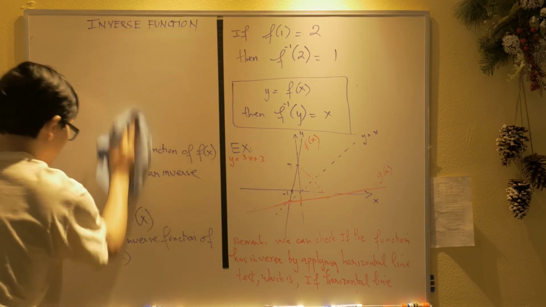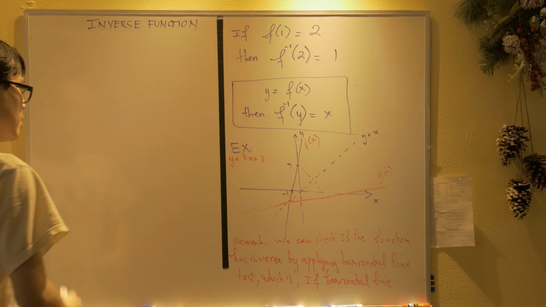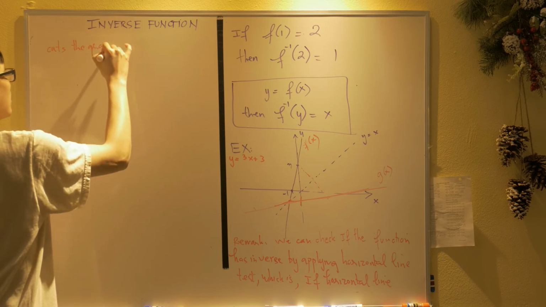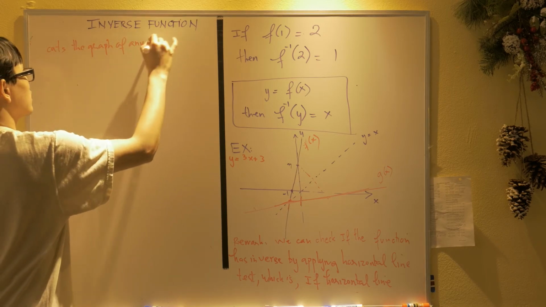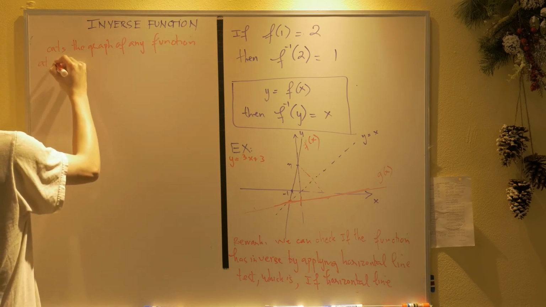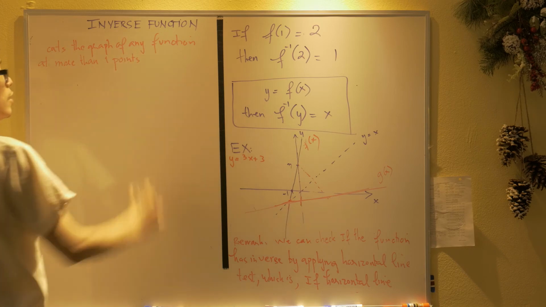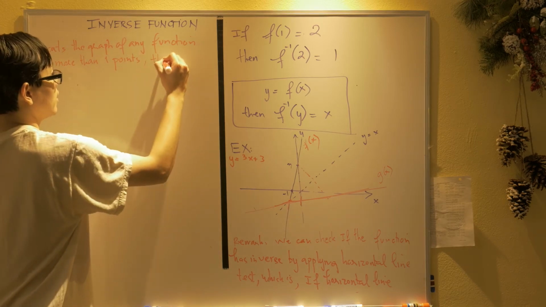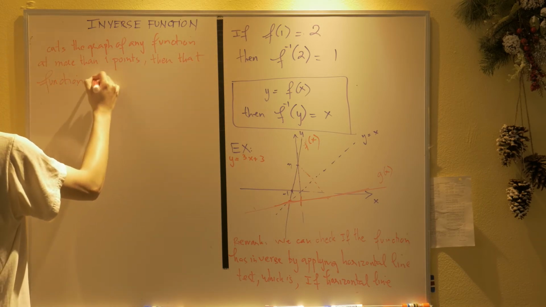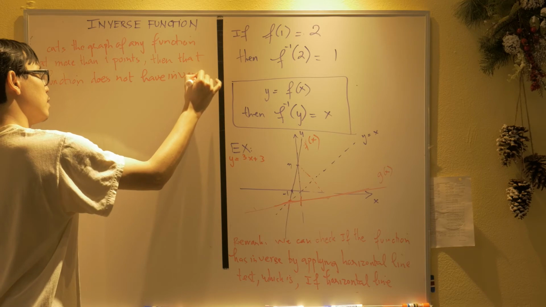If a horizontal line cuts the graph of any function at more than one point, okay, then that function does not have an inverse. Okay.